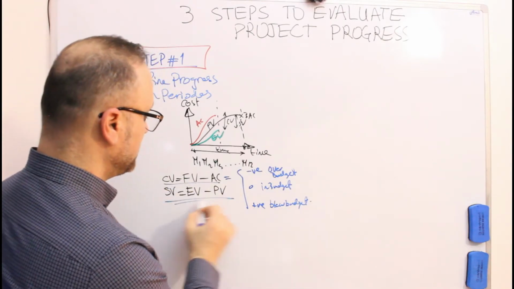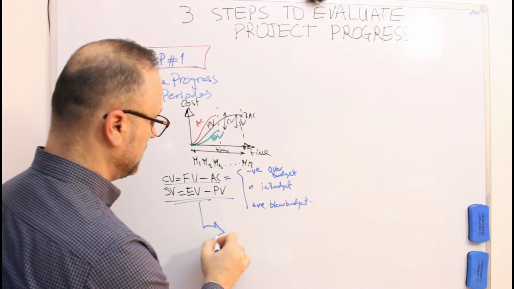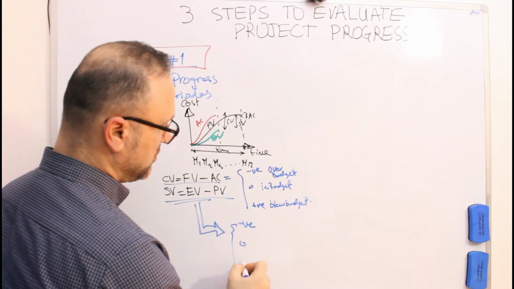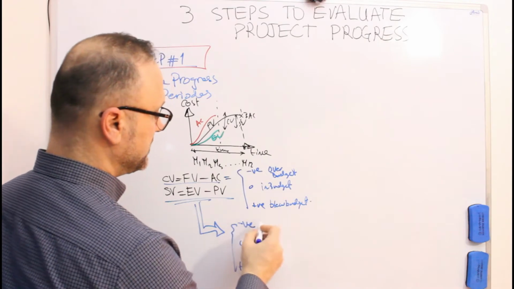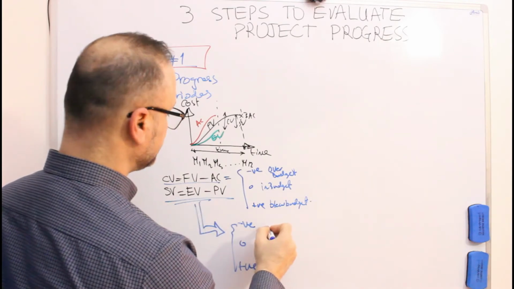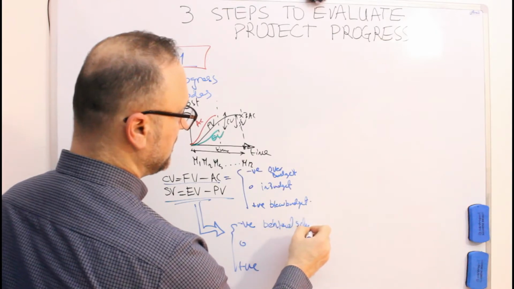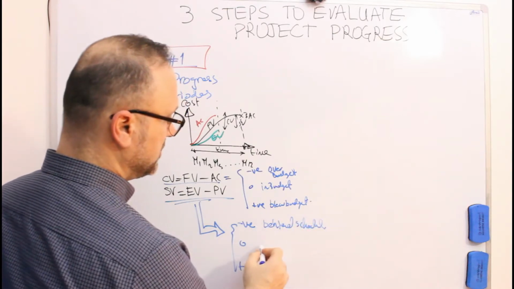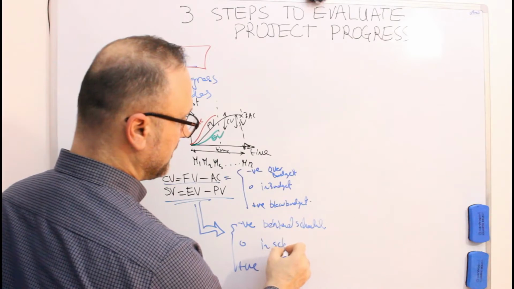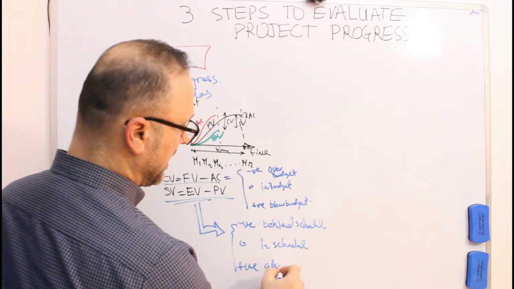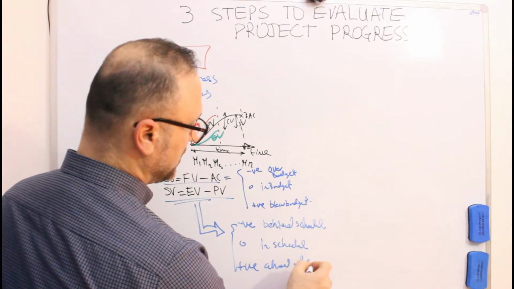Same for the schedule variance. If it's negative, 0, or positive. If it's negative, it is behind schedule. If it's 0, it is in schedule. If it's positive, then it is ahead of schedule.